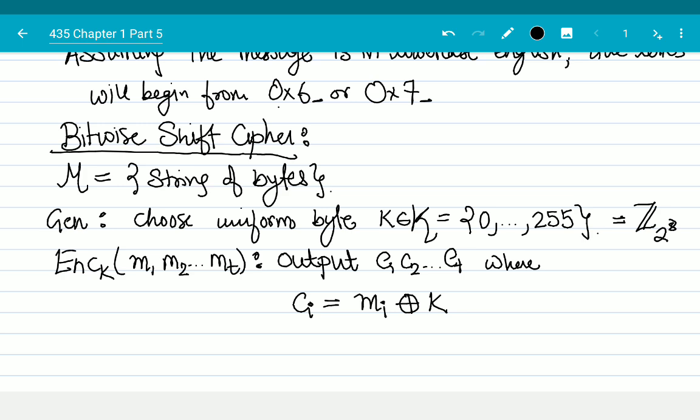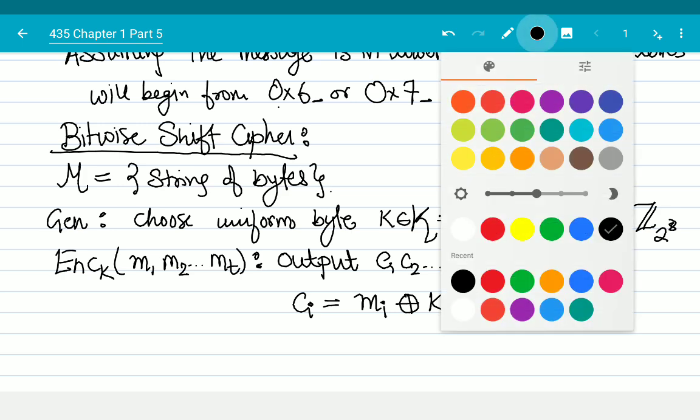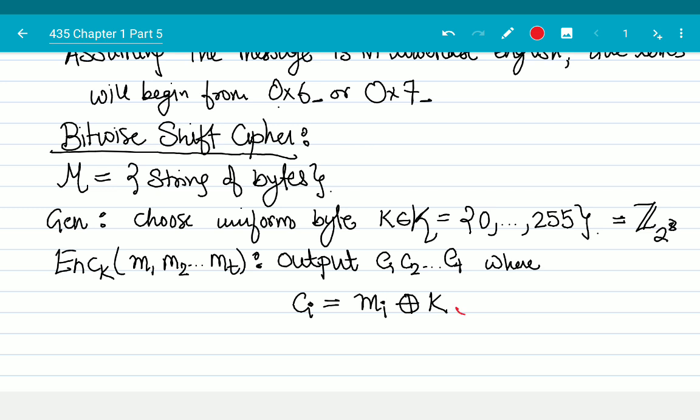So this is bitwise sum. I will show you an example in case you're not familiar with what that means.